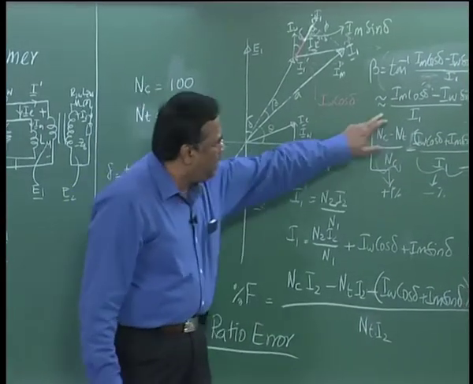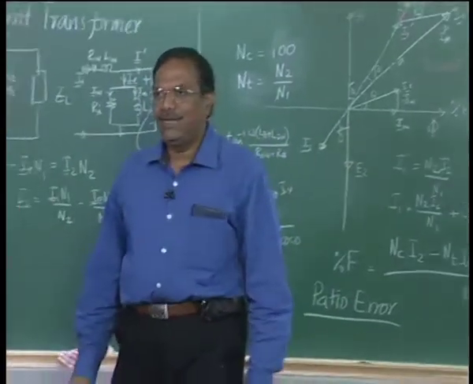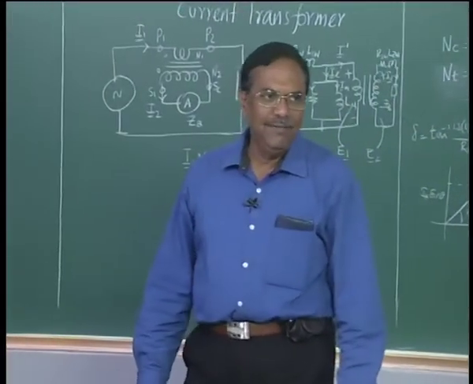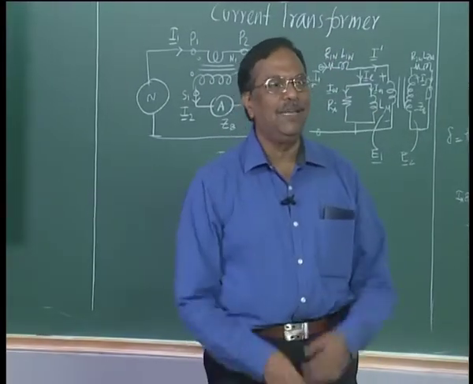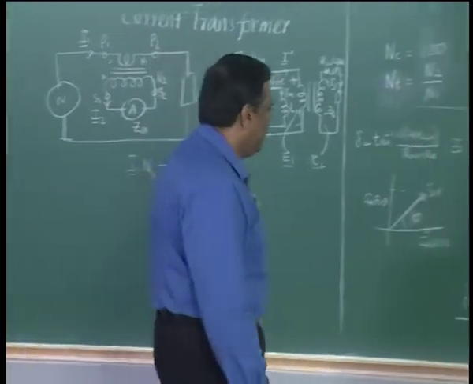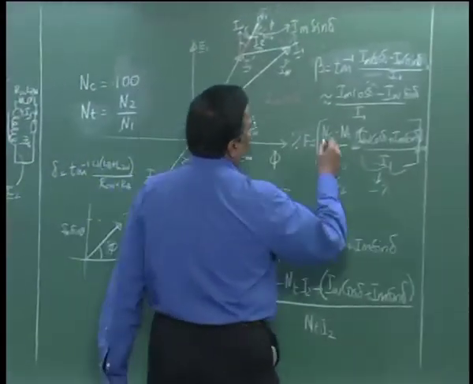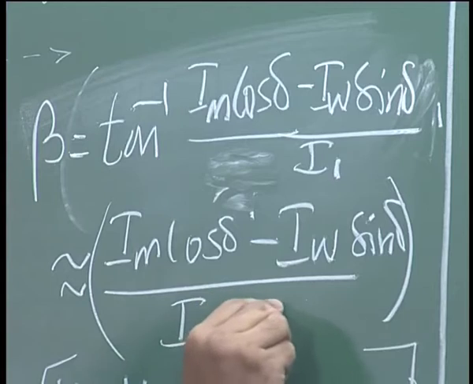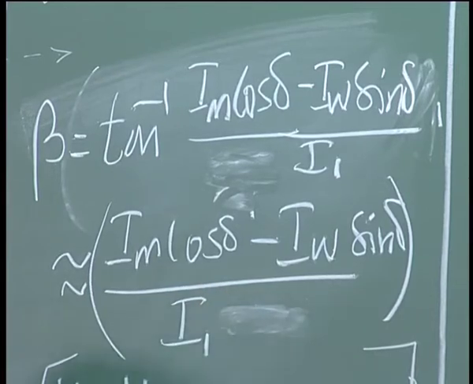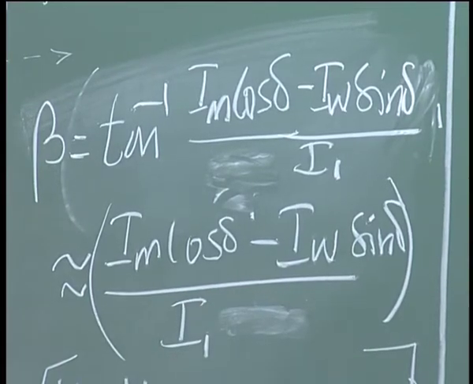So we multiply by 1000 to get milliradians, we multiply by a number 3438 to get minutes, right. I think I am running out of space, let me write it here.